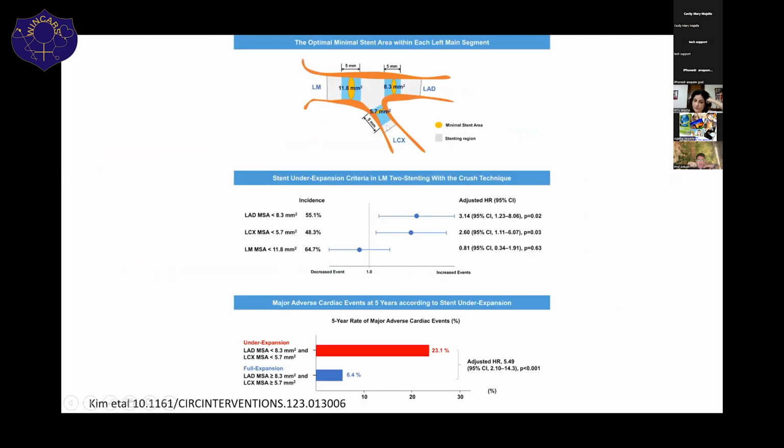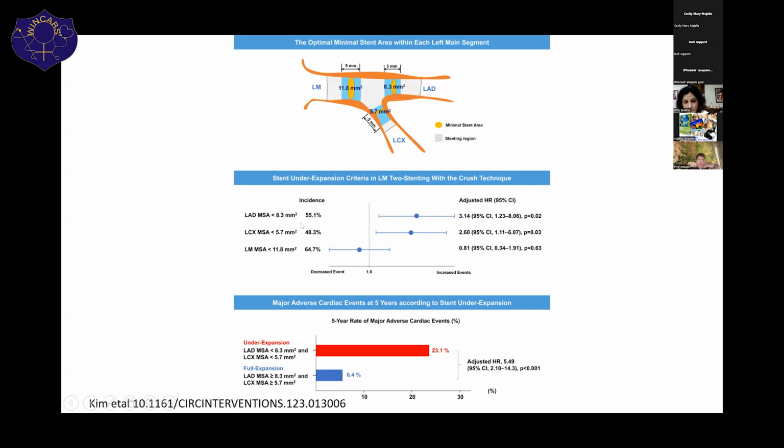Basically, this was in the DK Crush study, published by Kim et al. The old criteria of 5, 6, 7, 8 are no longer accepted, and we need almost 5.7, that is 6, in the left main. For the LAD ostium, look at it, 8.3 and 11.8 in the left main. And look at the rates at which these are achieved.